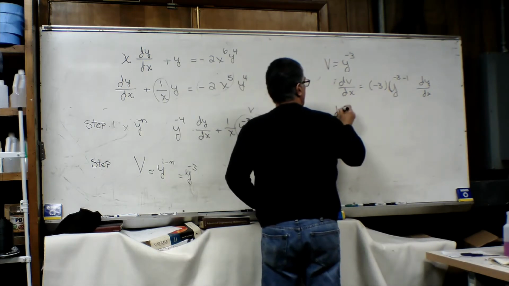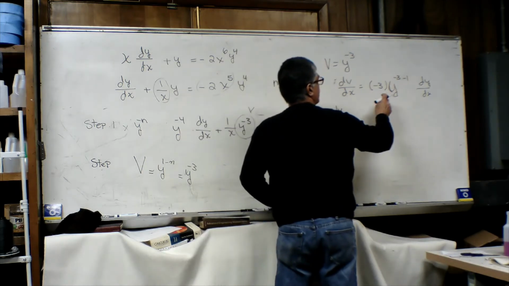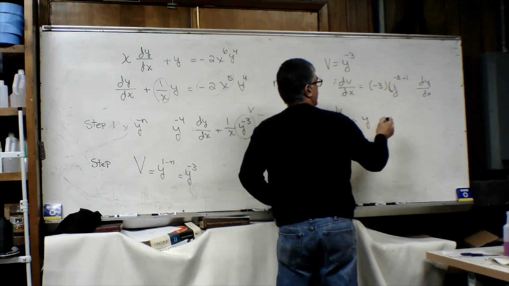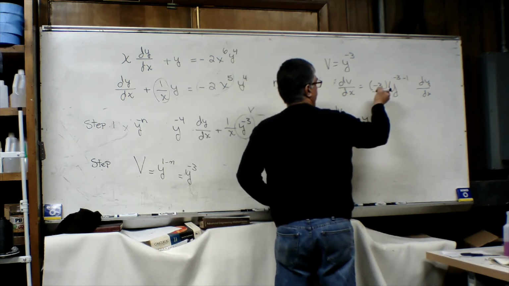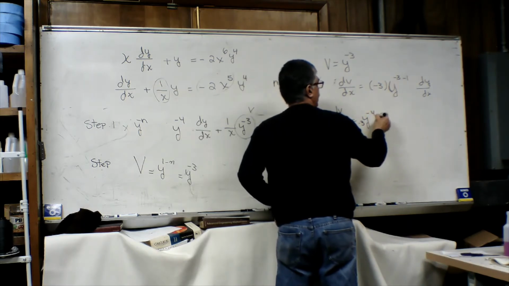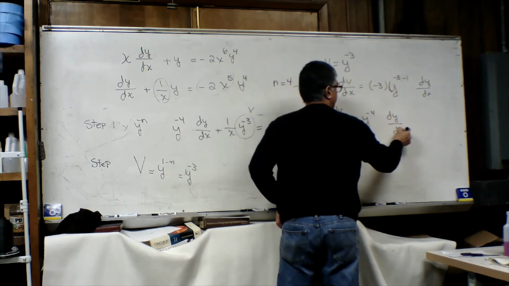So dv over dx will be equal to minus 3 y to power minus 4 dy over dx.